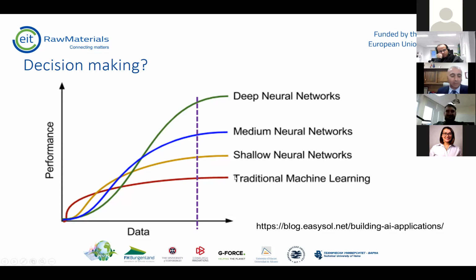A human looks at the data and based on his experience decides to extract spectral or temporal features, designs some subset, and then uses this subset for the modeling and decision making. When plenty of data are available, deep neural networks are able to figure out which are the important features on their own. They discover the features also, and this helps them to achieve much higher accuracy, performance, I would say.